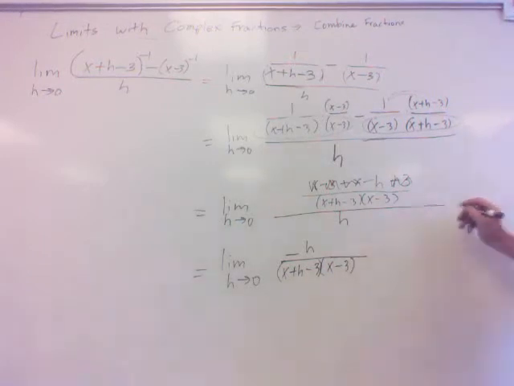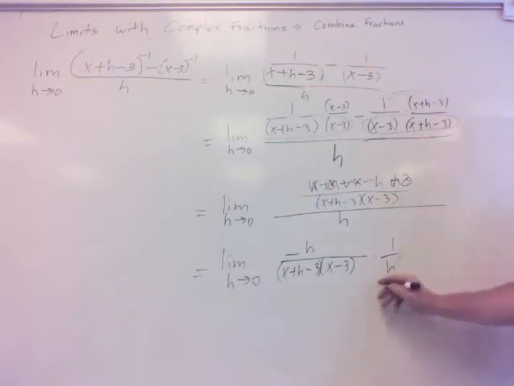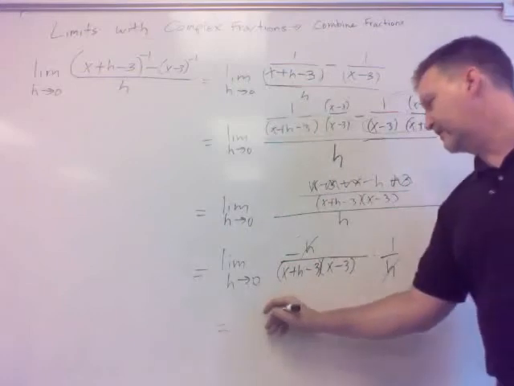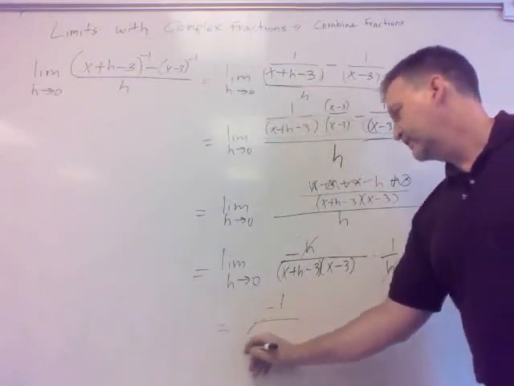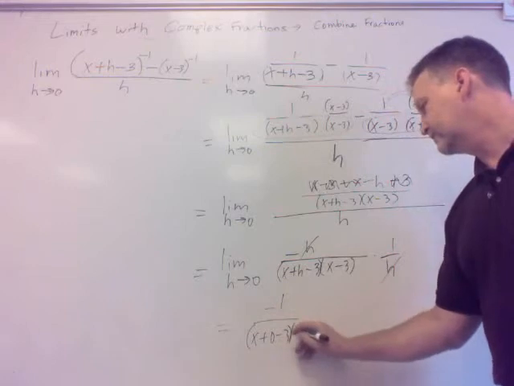And then it's all over h, but that means times 1 over h. So h again nicely cancels out. Can I substitute? Yes, I can. Now I can substitute, h goes to 0, so I'll have minus 1 over x plus 0 minus 3 times x minus 3.